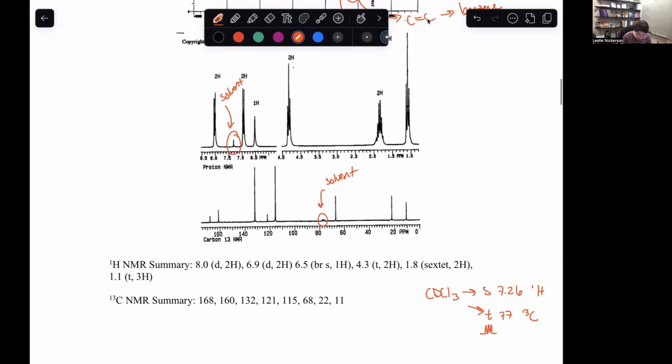Okay, so in our carbon NMR, I'm looking at number of carbon peaks first. So 1, 2, 3, 4, 5, 6, 7, 8. Okay, so that's telling me that there are 8 unique environments.